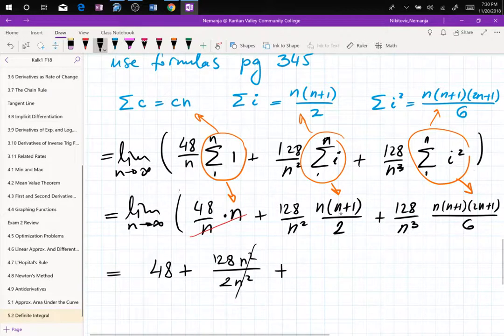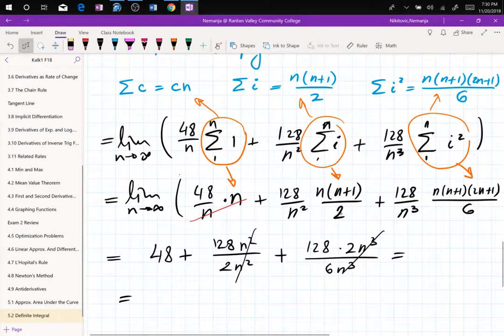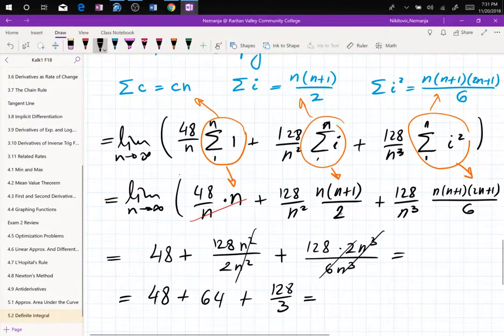They will cancel. And then I have 128 times 2n cubed divided by 6n cubed. These guys cancel. So all I have to do is 48 plus 64 plus, this will cancel down to a 3 plus 128 over 3.